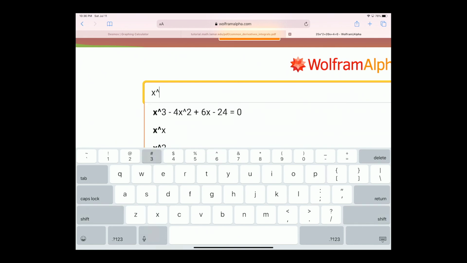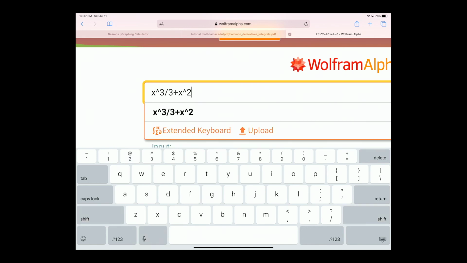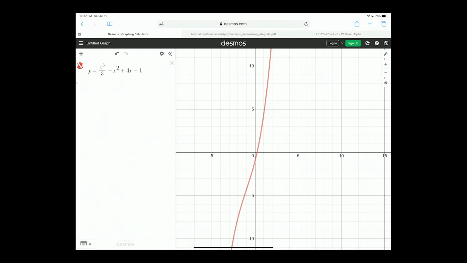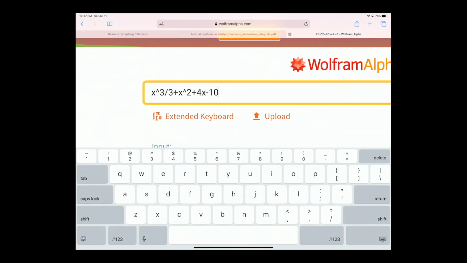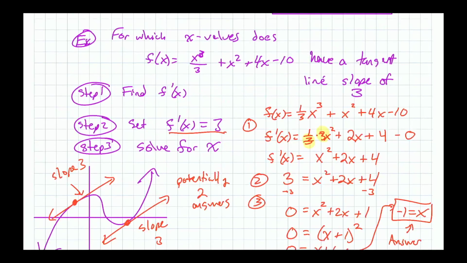X cubed over 3 plus x squared plus 4x minus 10. Was that it? Was it minus 1? No, it was minus 10.